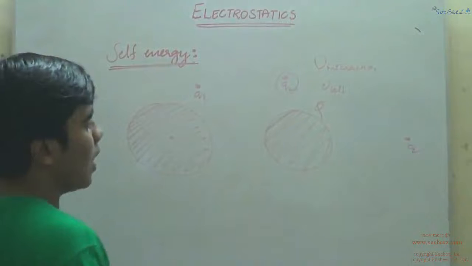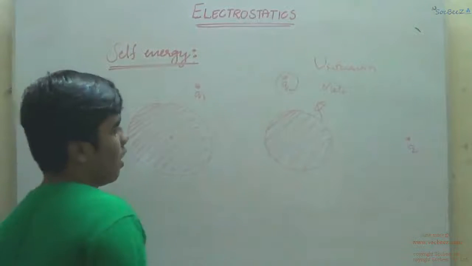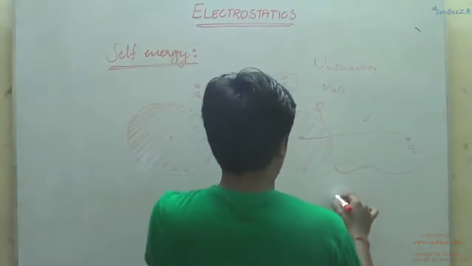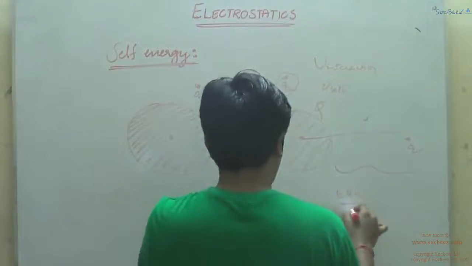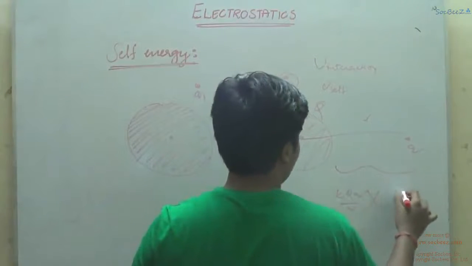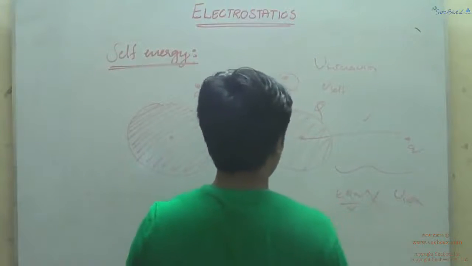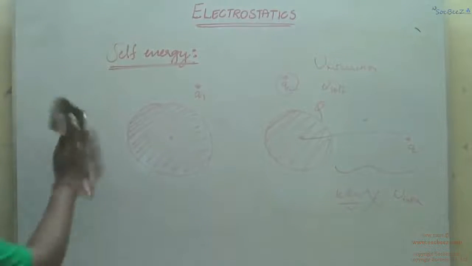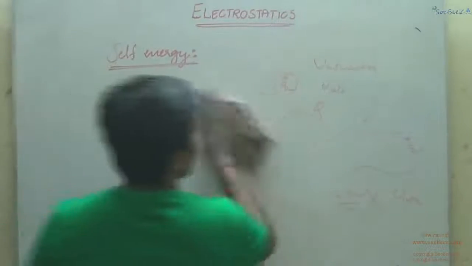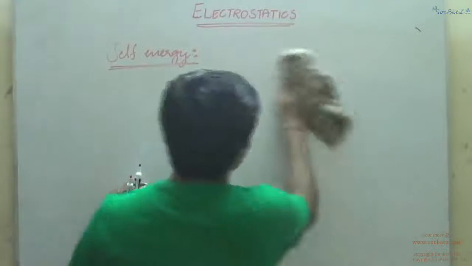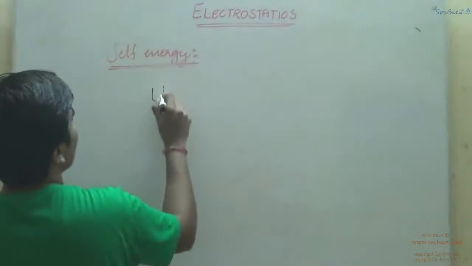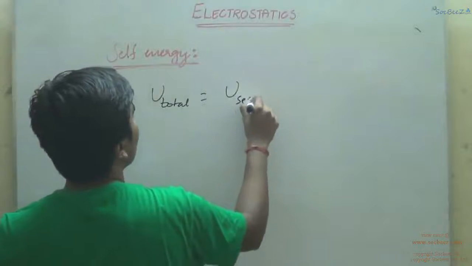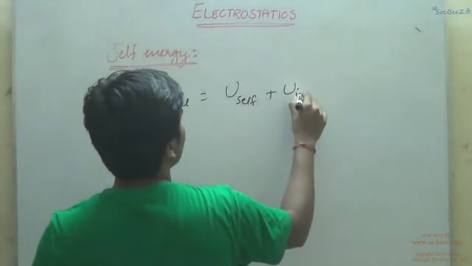Now we may say that the energy of this system is, suppose the distance is r, kQq by r, but this is not. This is only the interaction energy. So the total energy is found out by something else. Basically the total potential energy of a system, U total, is equal to U self plus U interaction.